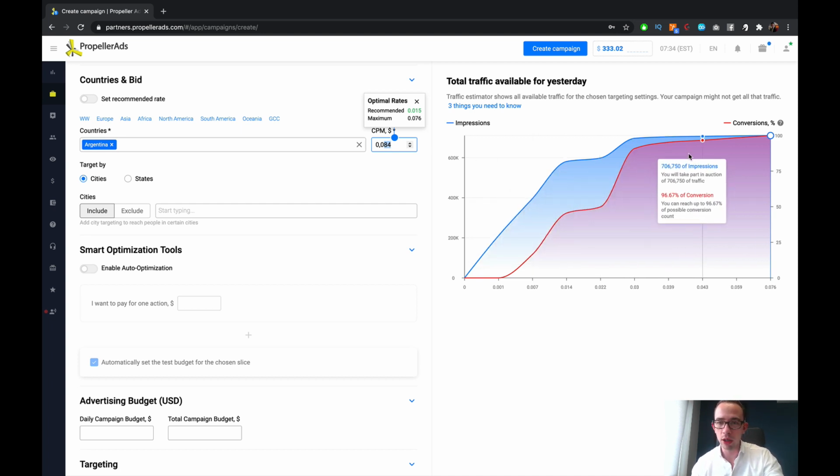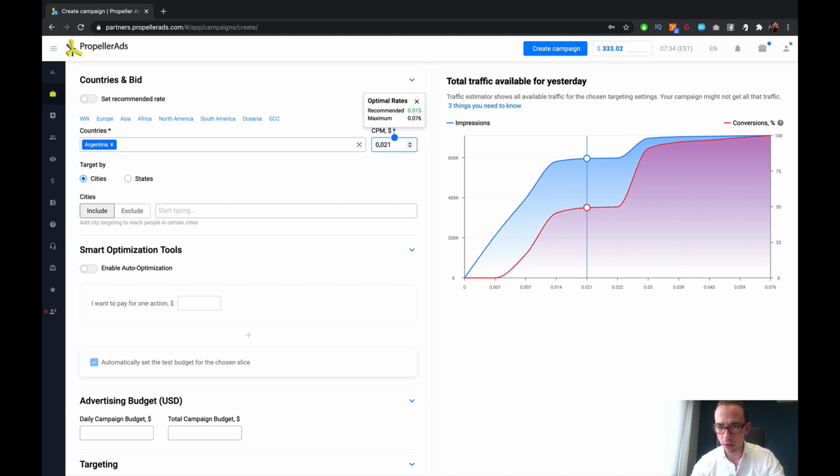I want to be around, oh, they don't even have that many impressions. Let me see, I'll probably be around 600,000, that's probably fine. 0.02, so 0.021. Then I will probably rather be here. 0.021. A little bit higher. 0.023.